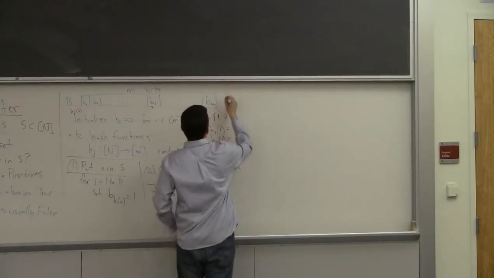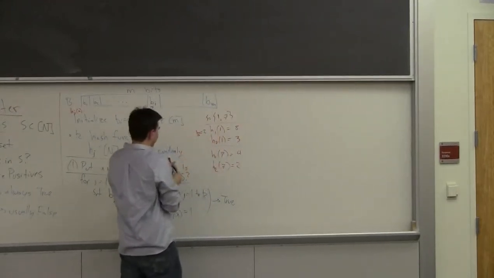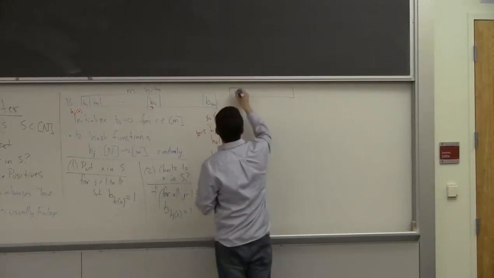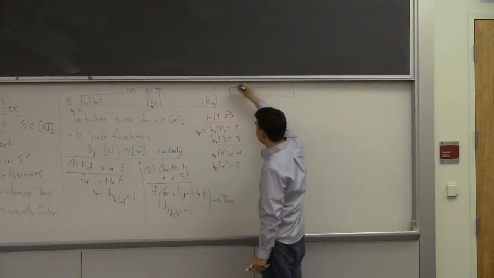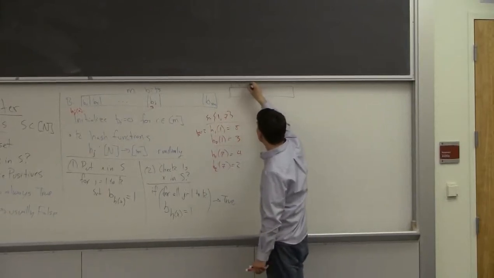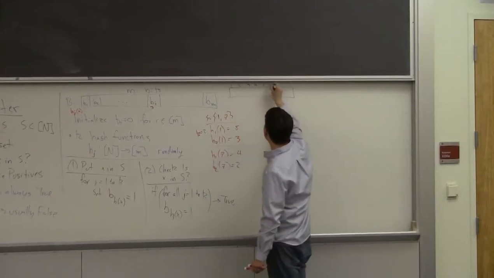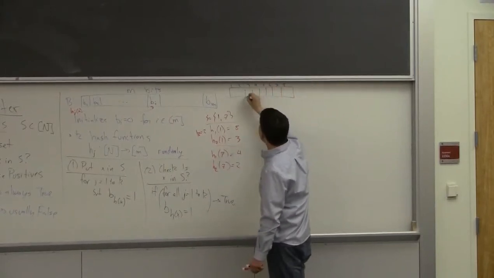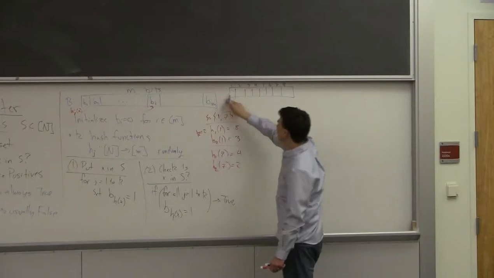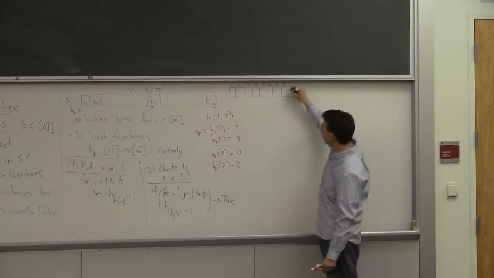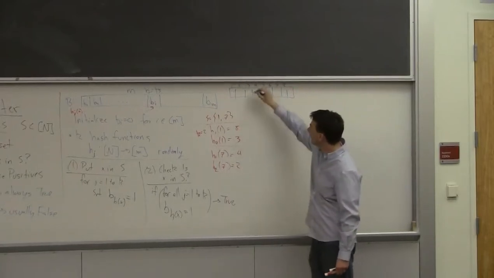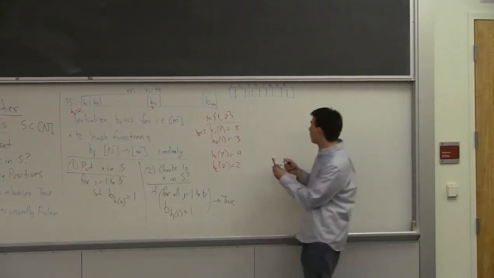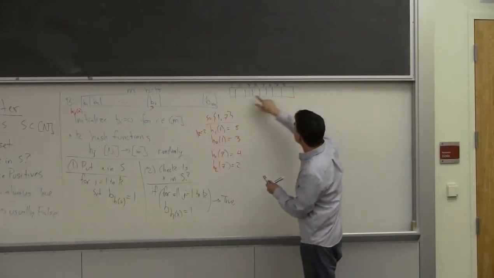So if I have this bit array, it goes from 1, 2, 3, 4, 5, 6, 7, 8. It starts out as all zeros. Sorry, let me switch colors again.